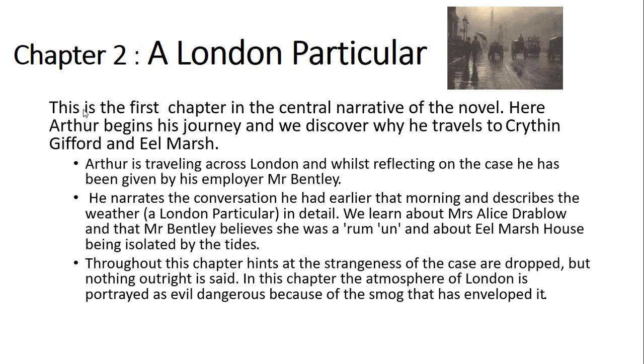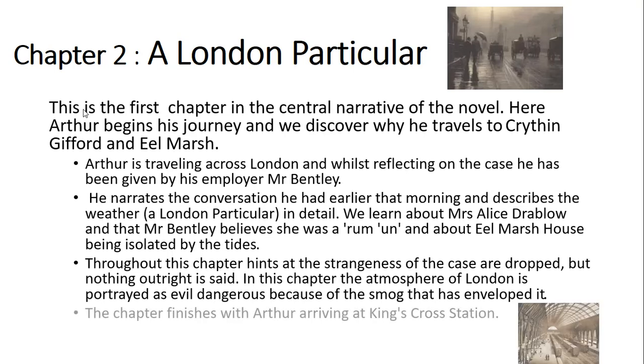Nothing outright is said, but what we do get instead is a focus on the atmosphere of London. And essentially, what we have is an environment that drives Arthur away and directly into the path of danger, as we later find out. The chapter finishes with Arthur arriving at King's Cross Station, and King's Cross is briefly described at the start of the next chapter.